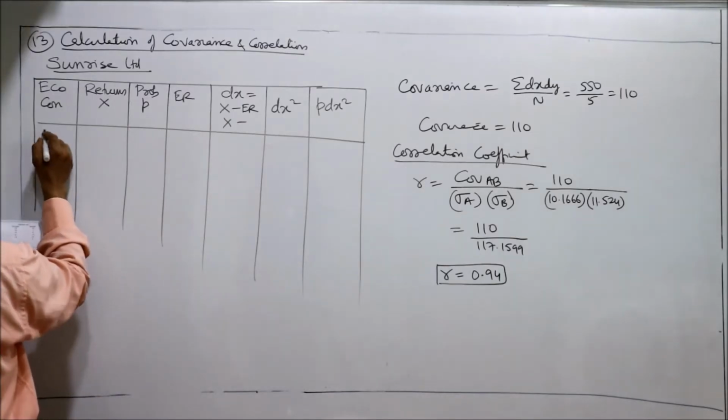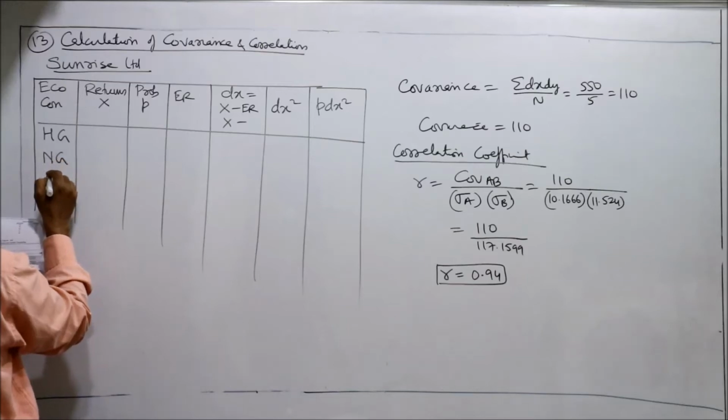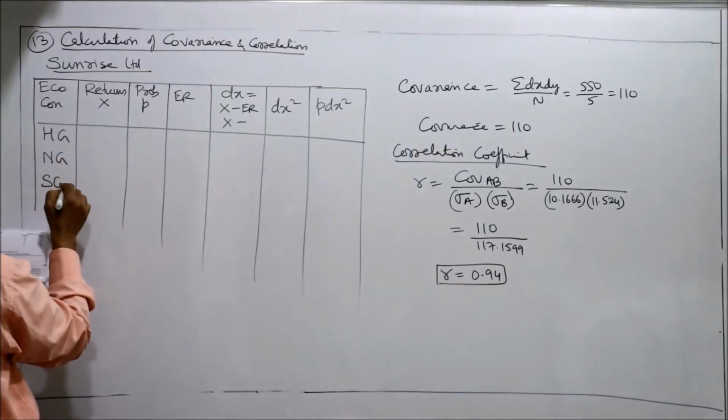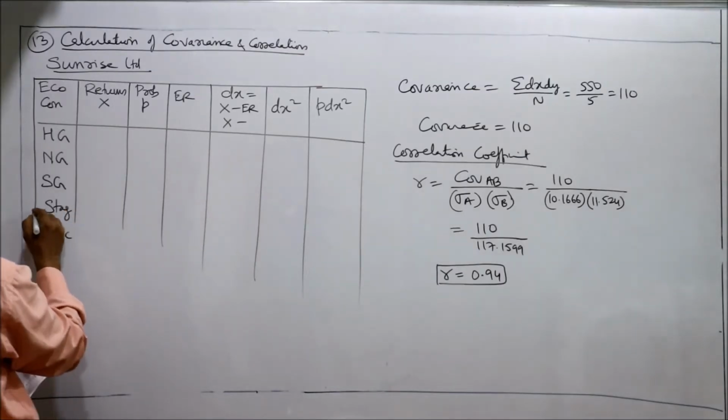So economic conditions are high growth, normal growth, then slow growth, stagnation, and last one is decline.